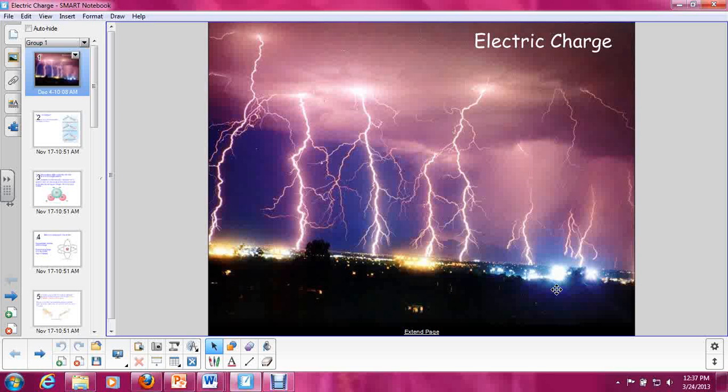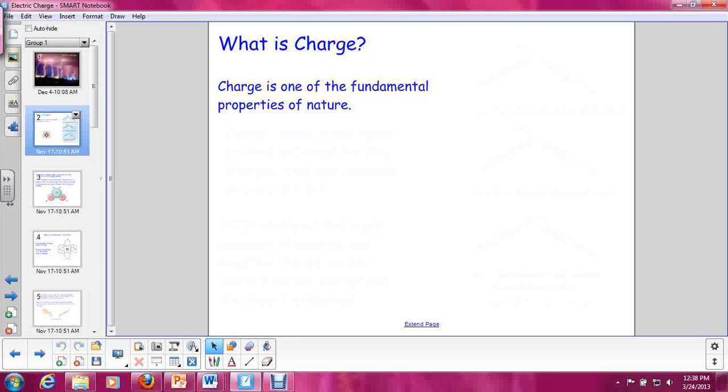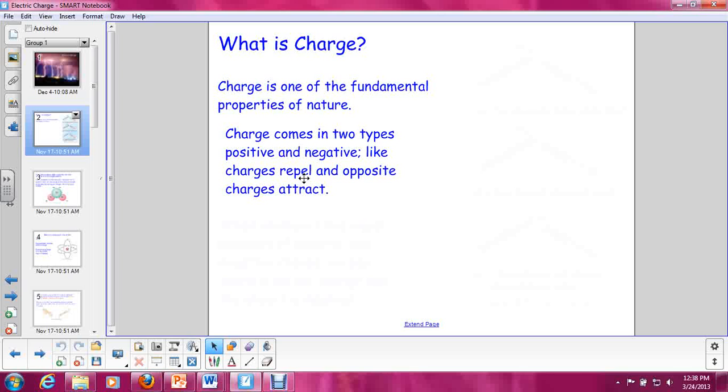We're going to jump right into it and start talking about electricity, which is one of my favorite subjects in physics. So, electric charge, what is it? Well, charge is one of the fundamental properties of nature. Charge comes in two types, positive and negative.